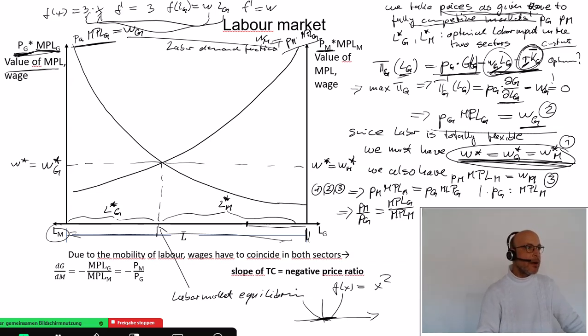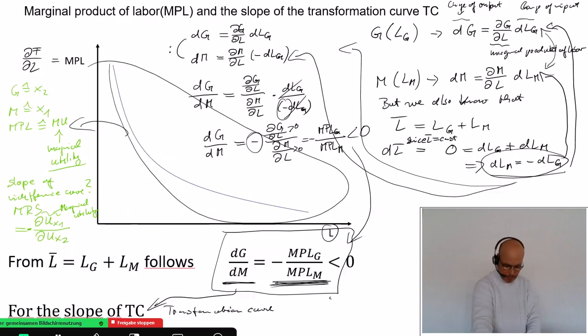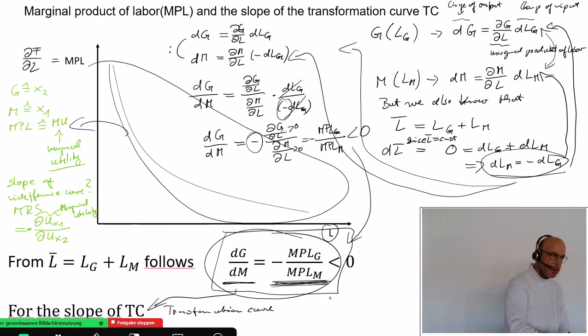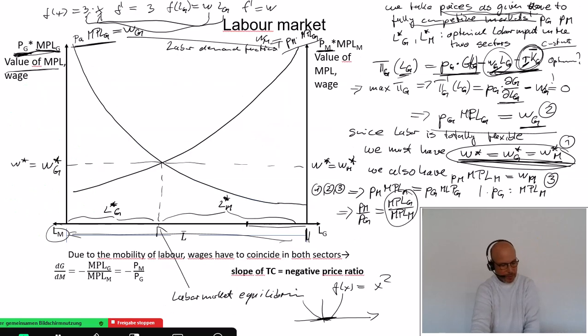Where have we already seen the relation of the marginal product? Well, we have derived here the relation as the slope of our transformation curve. So we obtain that this is dM over dG.